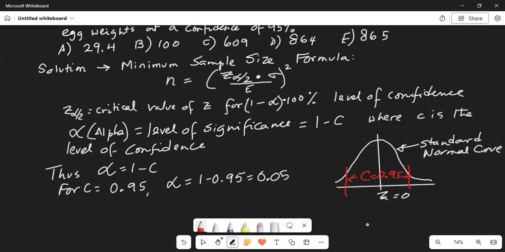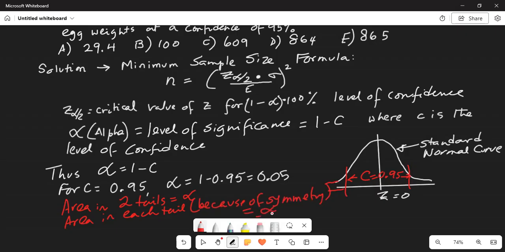This is the area in the center. So area in two tails is equal to alpha. Area in each tail, because of symmetry, symmetry means the left half is equal to the right half, is equal to alpha by 2, is 0.05 divided by 2 is 0.025.